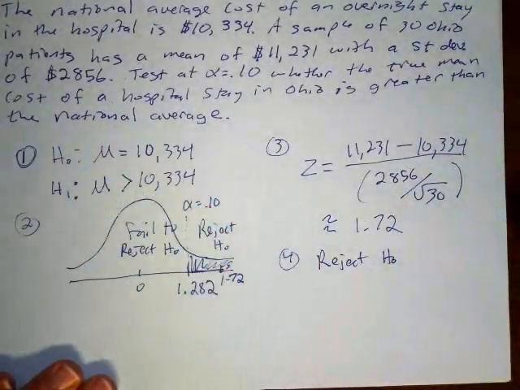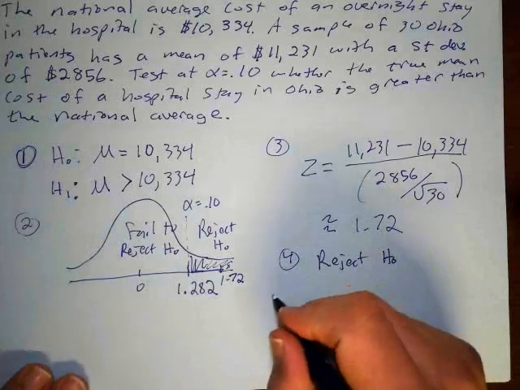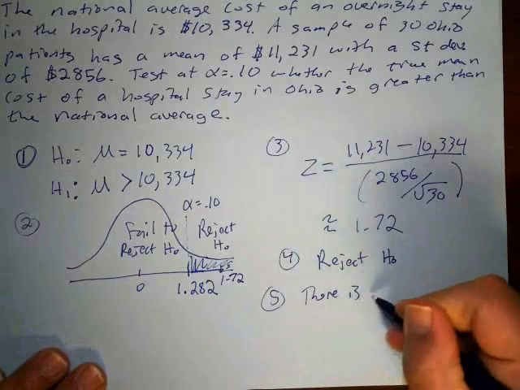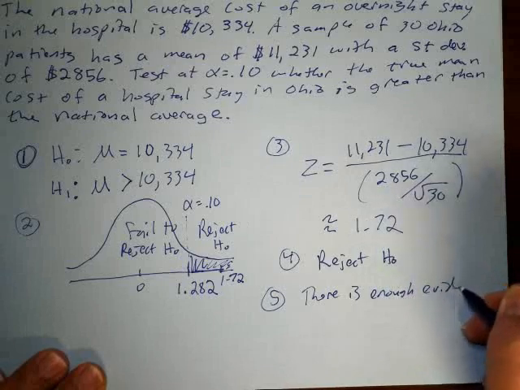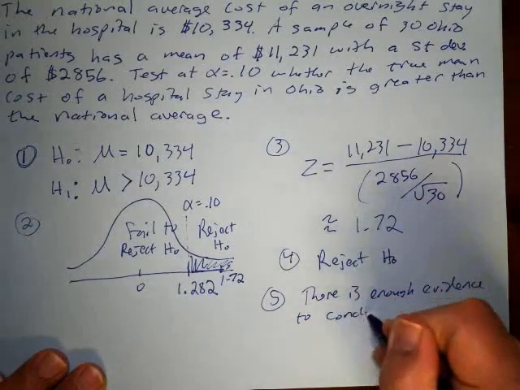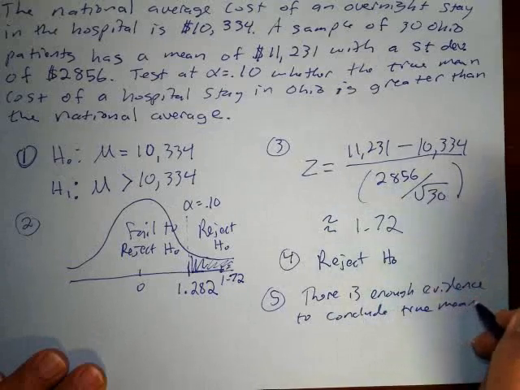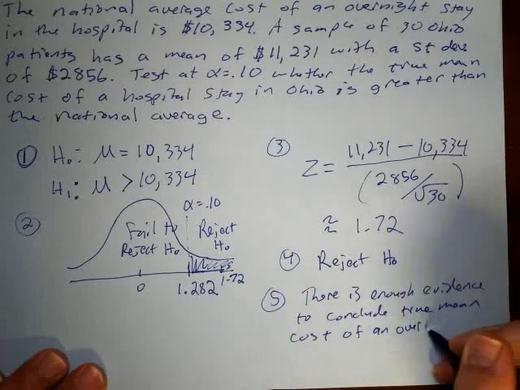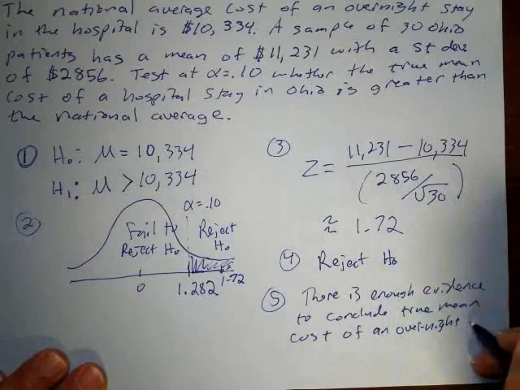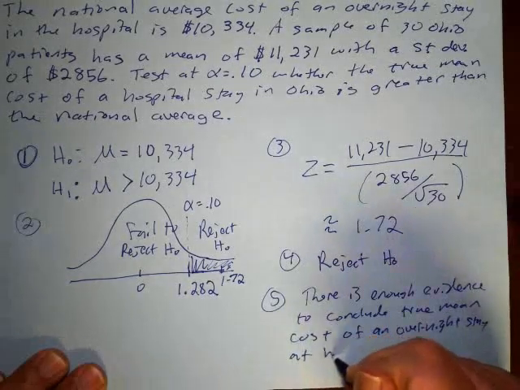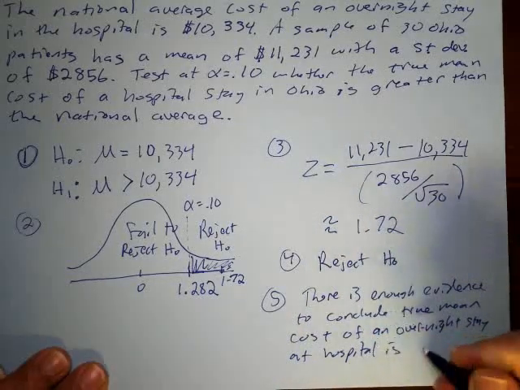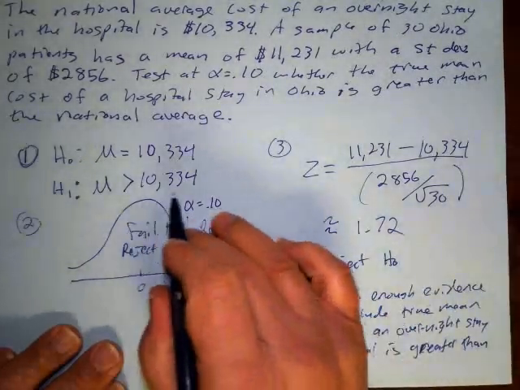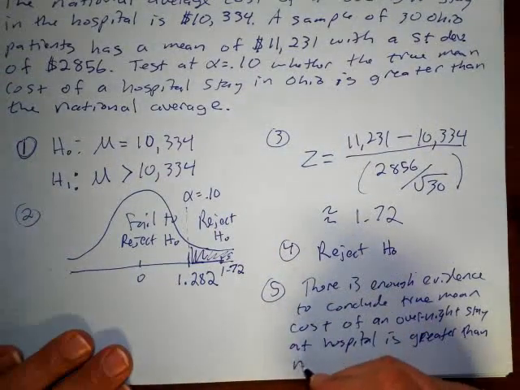That means I have enough evidence to conclude the alternative. So my conclusion: there is enough evidence to conclude the true mean cost of an overnight stay at hospital is greater than the national average.